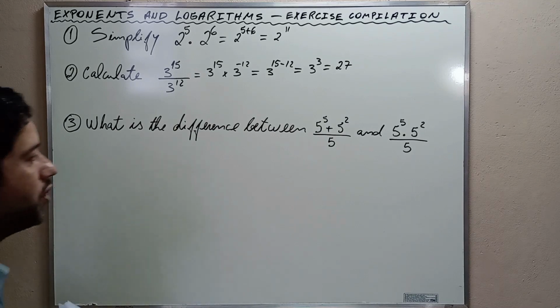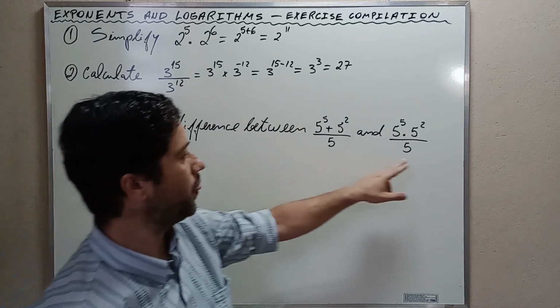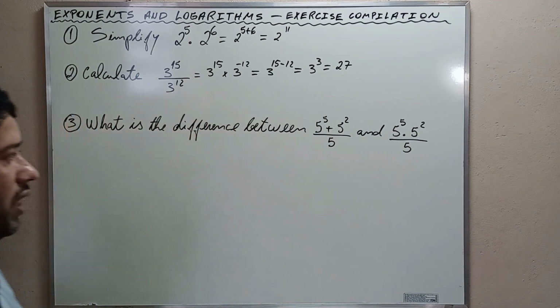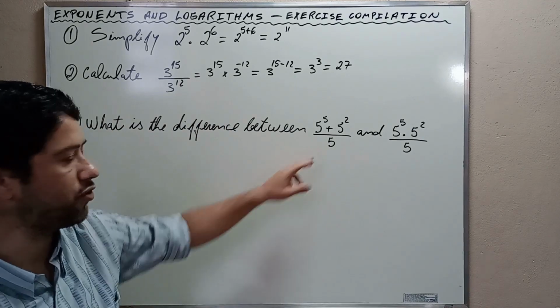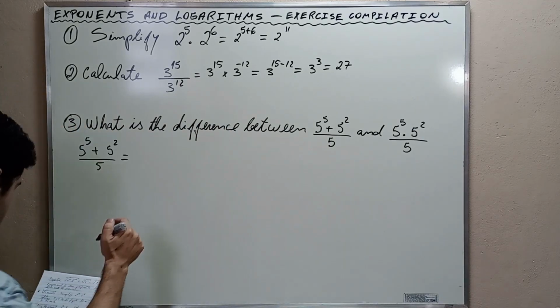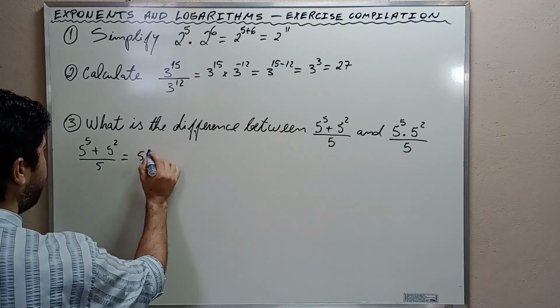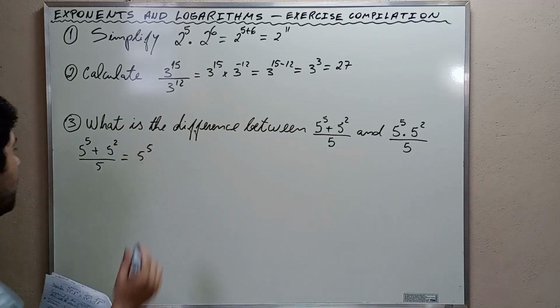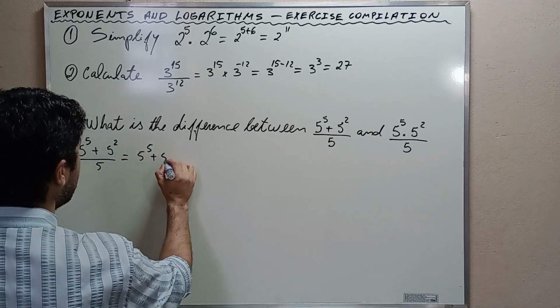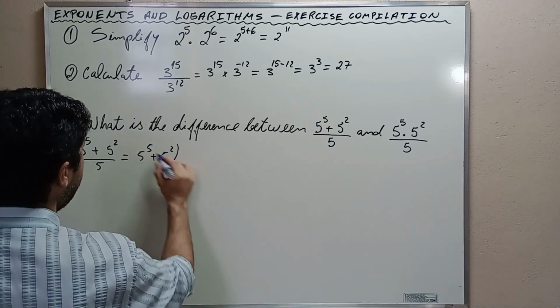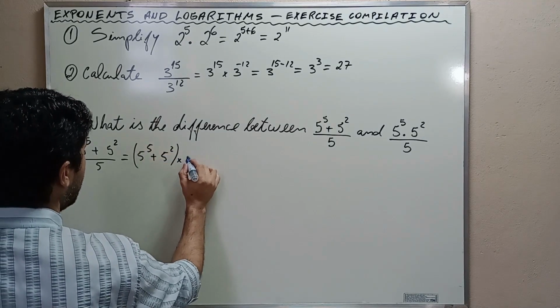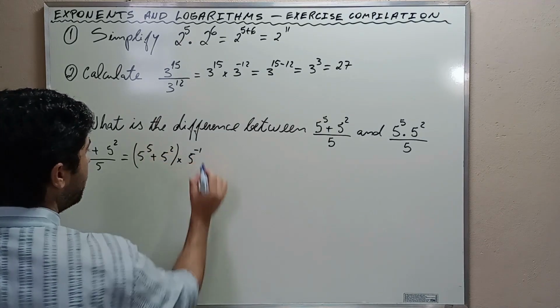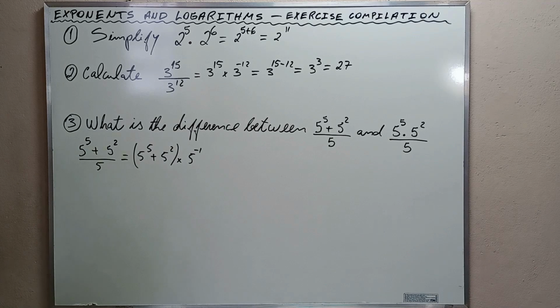What is the difference between this and this? Let's work on them separately to understand the difference. Working on this first, it is 5 raised to the 5th power plus 5 squared times 5 raised to the power of negative 1.